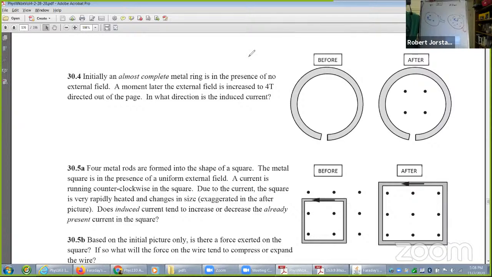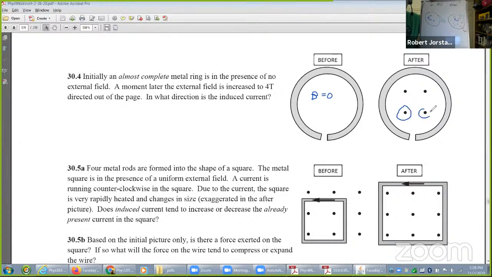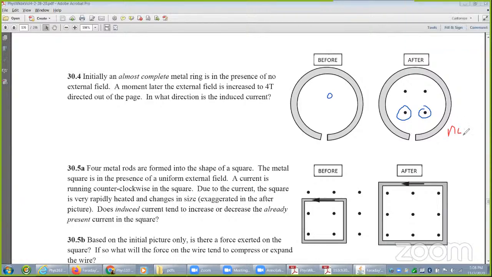So we start out with B equals 0. And now I'm going to add some dots out of the page. So what direction should the induced current run? To the right. No current. It's not a circuit.